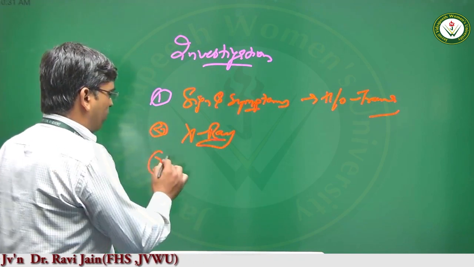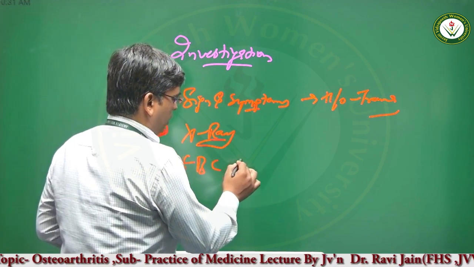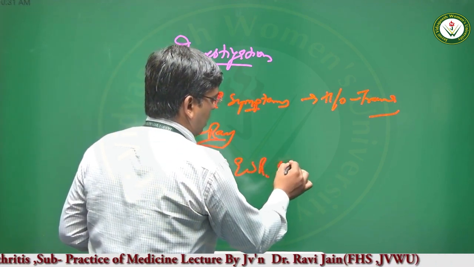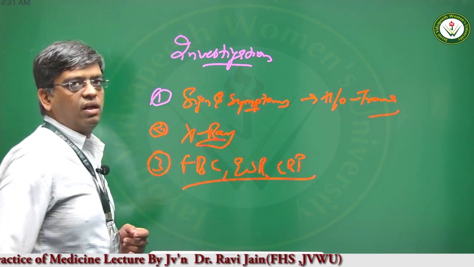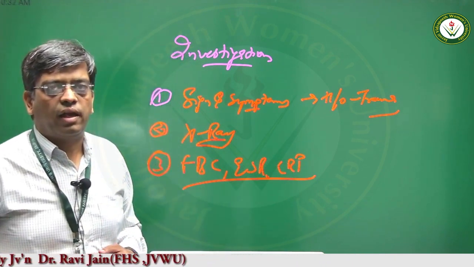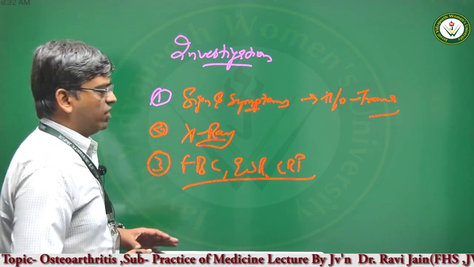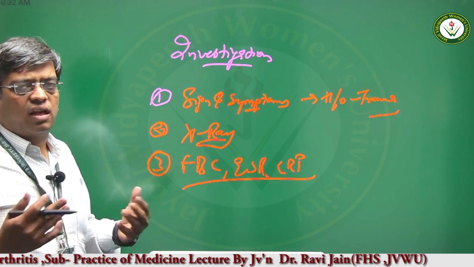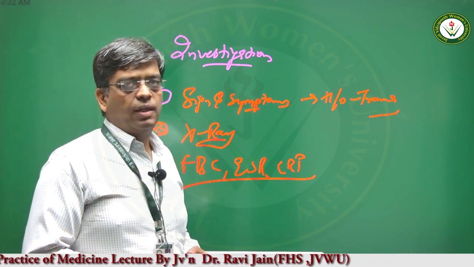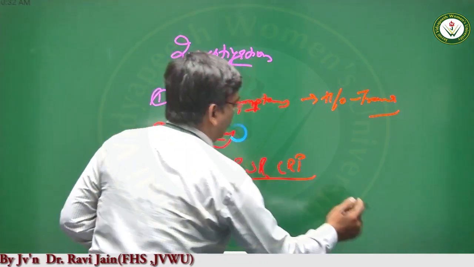The third test is full blood count, ESR and CRP. Since this is a non-inflammatory disease condition, these values are usually normal and not elevated. So in the investigation, mainly X-ray is done, the clinical features are seen, and the other values are usually normal.